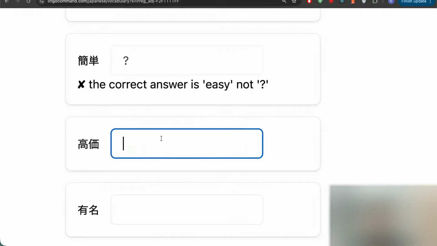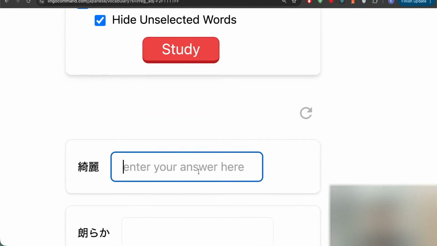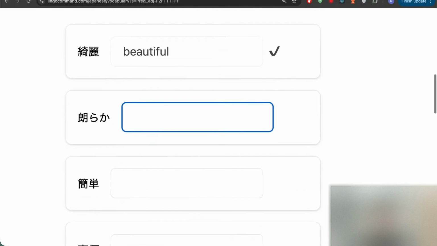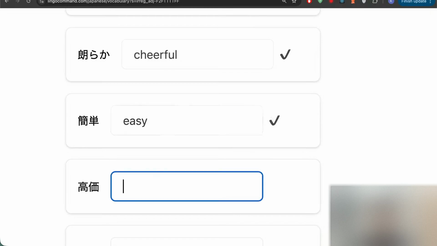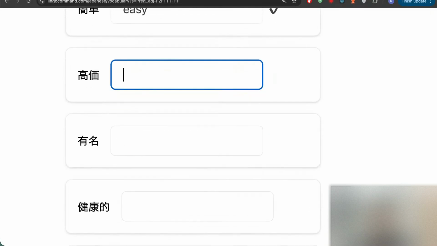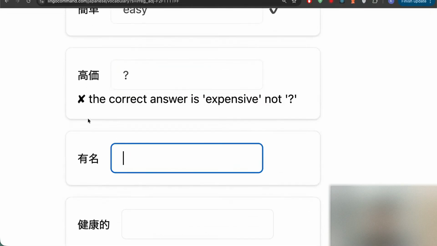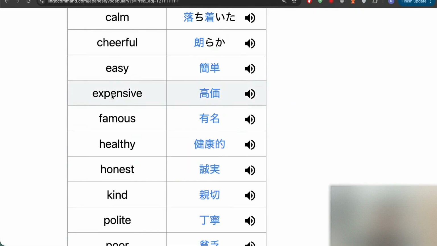So we'll go from the top again. So it was beautiful. Hogaraka is cheerful. This one here, it's kantan, which is easy. And then let's take a look at this. So this is expensive. Expensive is, what was it again? It was yutaka? Expensive.